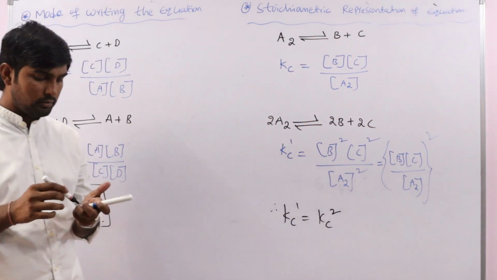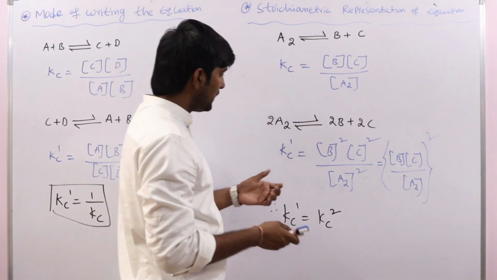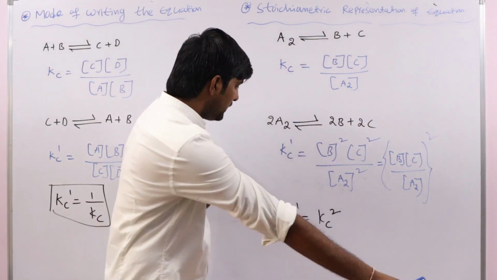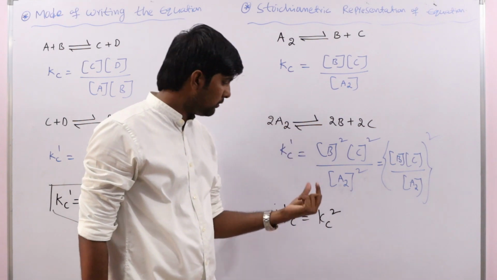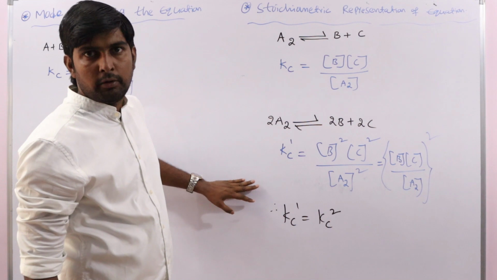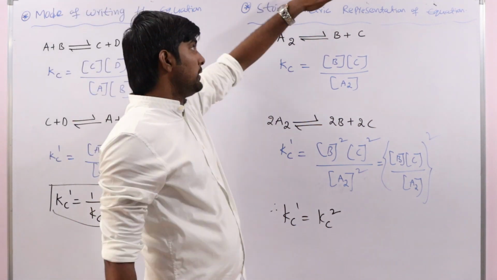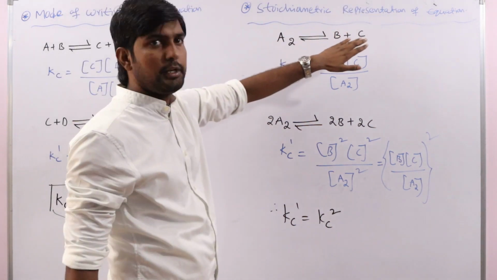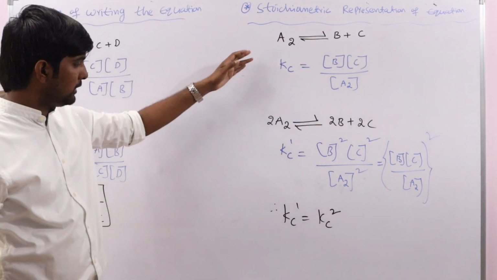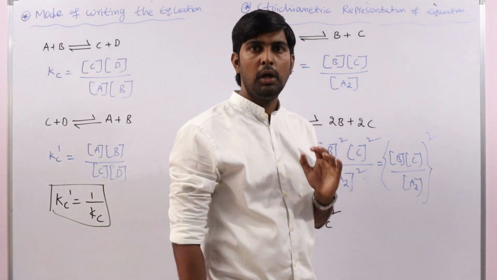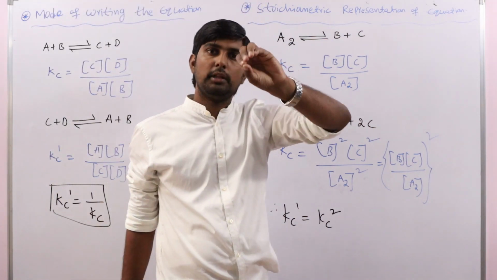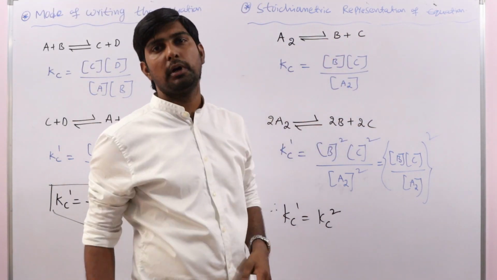So Kc dash equals Kc power 2, meaning if a reaction is multiplied by 2, then we get a new equilibrium constant equal to the old equilibrium constant squared. Very simple. Same reactant, same product, but here we have taken 1 mole, here we have taken 2 moles. Immediately the equilibrium constant value changes. For 1 mole we did the experiment in the laboratory and calculated the equilibrium constant.